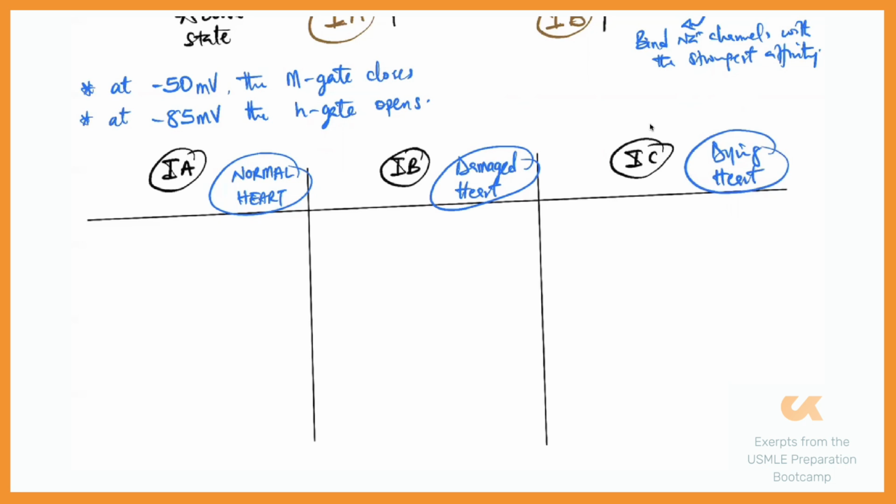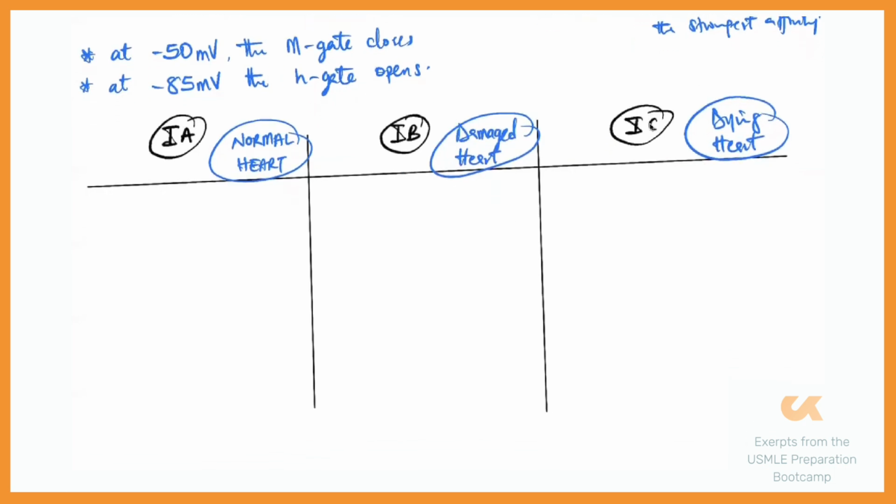Now, what is the effect of class 1A antiarrhythmic medications on the heart? If you remember, we saw our myocardial action potential graph prior to this time. We had drawn this. I hope you've seen that lecture.